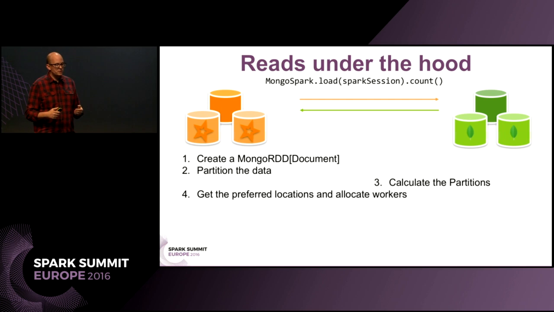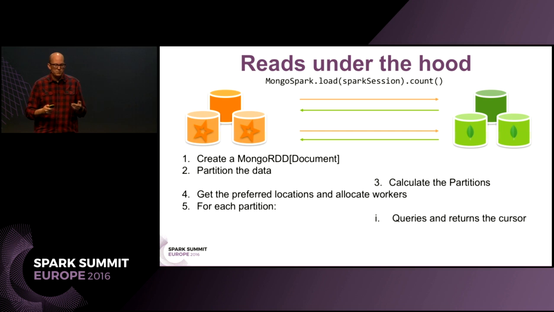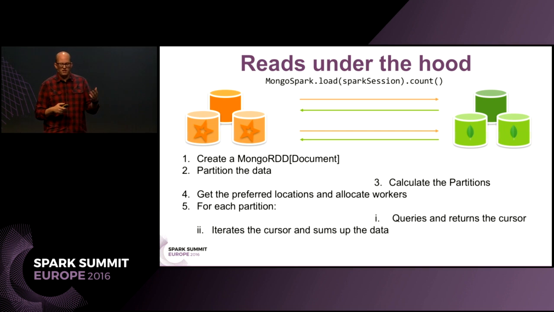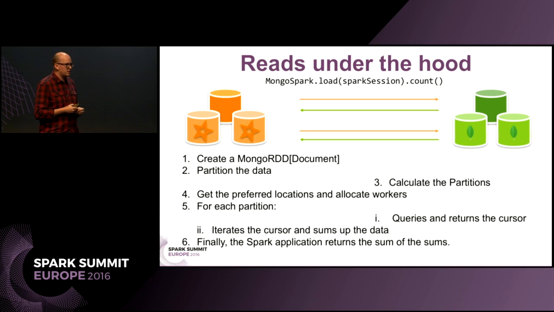And then the workers will get a partition that will be allocated through Spark. And then for each partition, we're going to query and return the cursor. And then if we're doing a count, we're going to sum up the data and then finally return the sum of the sums. So there are multiple processes. The Spark driver will do the first thing, which is getting the partitions, and then the workers themselves will go and gather that data themselves.